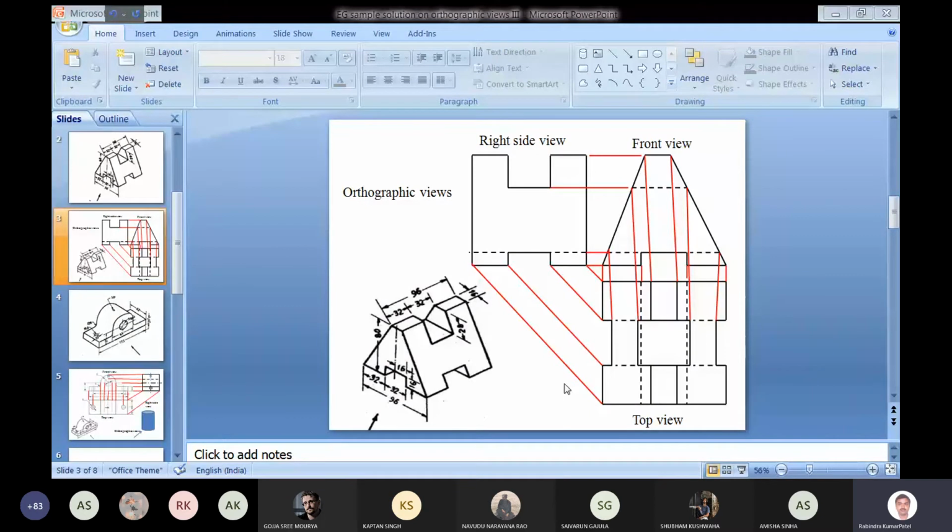If one side is giving more continuous edges and the other side is giving more dashed edges, then you can directly select the side with more continuous edges. The side with more dashed edges you can leave.